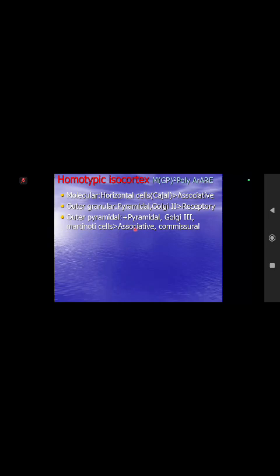What are these association fibers? The association fibers here go to other parts of the brain, like what we described before, connecting various parts of the gyri, but from the same side of the brain. And then there are those that cross the midline. That's why we call them commissural fibers. That is the A.